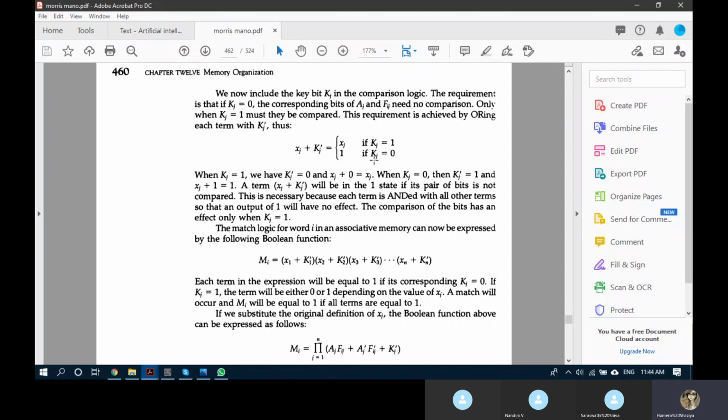If Kj is 0, then the value will be equal to 1.